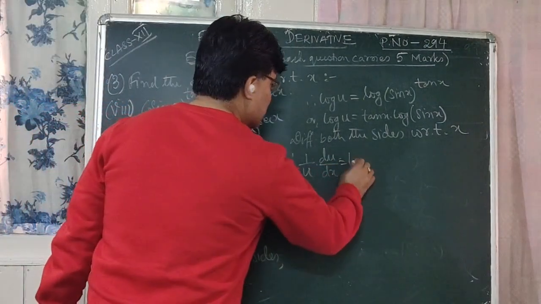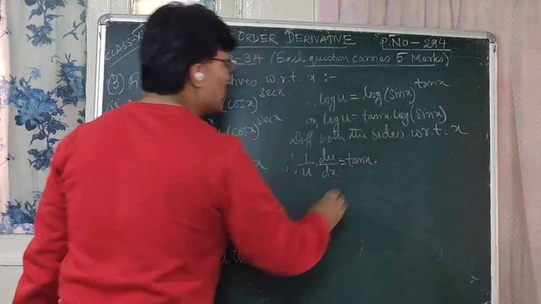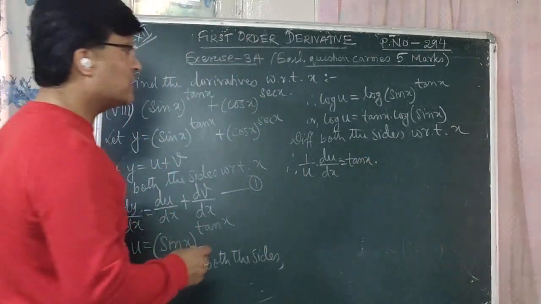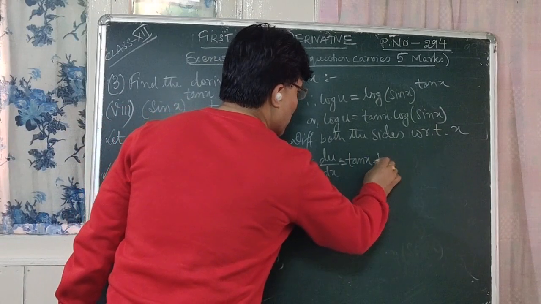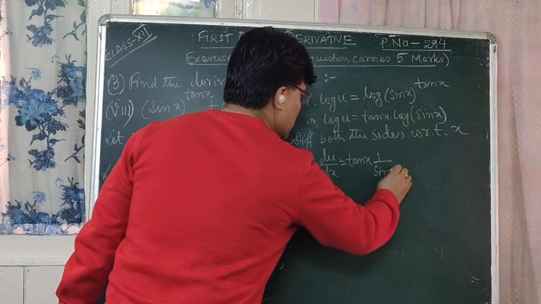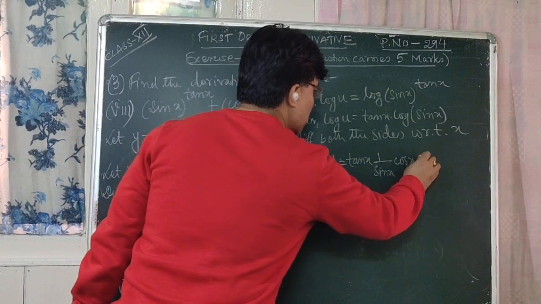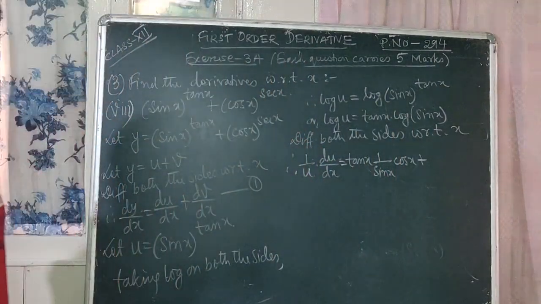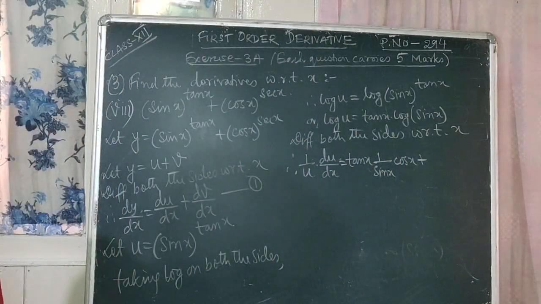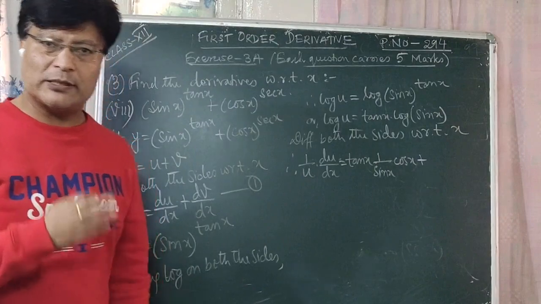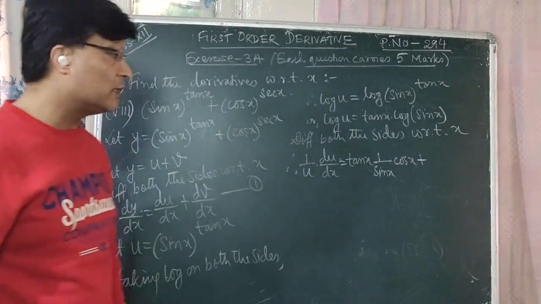Tan x is kept as it is. What is the differentiation of log of sin x with respect to x? It is 1 by sin x into cos x, you know that.